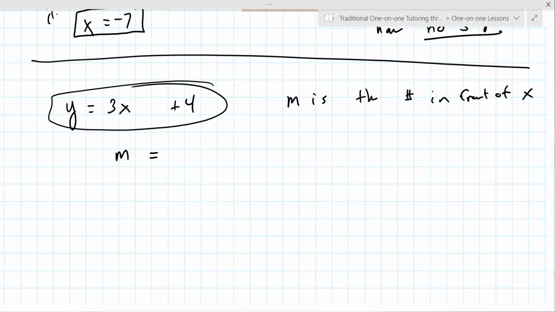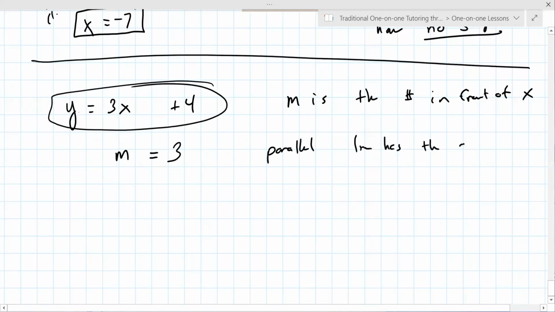What is the number in front of x? 3. Okay. So a parallel line has the same slope. So the parallel line also has a slope of 3.